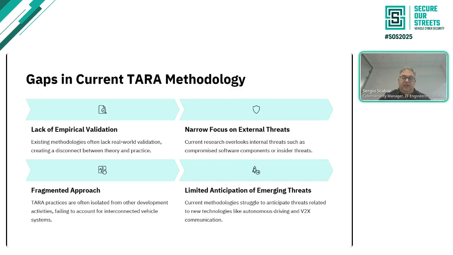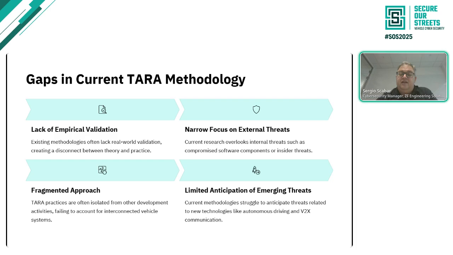Let's continue with the gaps in the current TARA methodology. Four gaps really stand out. First is the lack of empirical validation. Existing methods often lack real-world validation, creating a disconnect between theory and practice. Second, a narrow focus on external threats. Current research overlooks internal threats, such as compromised software components. Third, a fragmented approach.